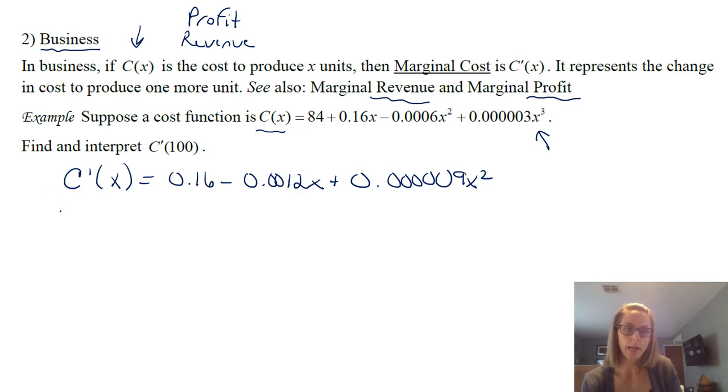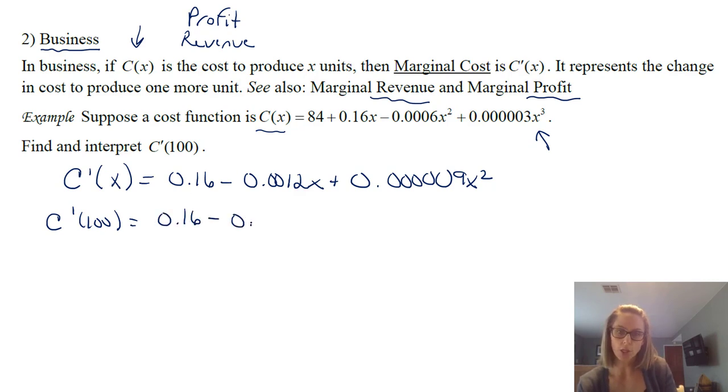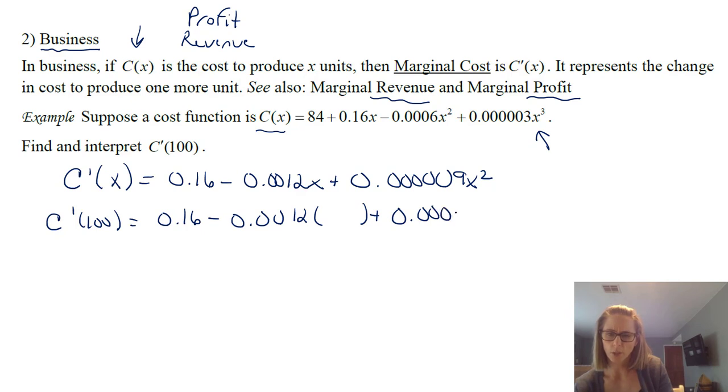So now we just have to find C prime of 100, and I'm sure you're not surprised to find that that just means to plug and chug. So we're going to take that 100, as I'm sure you're already aware, and we're just going to plug it in. 1, 2, 3, 4, 5. That's the number of zeros. Yeah. 9, and then square.